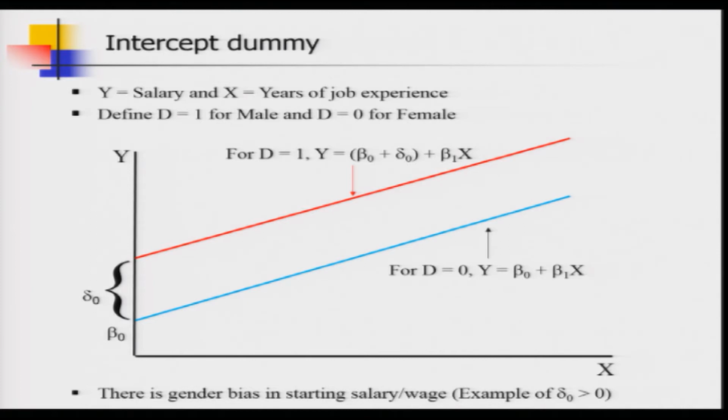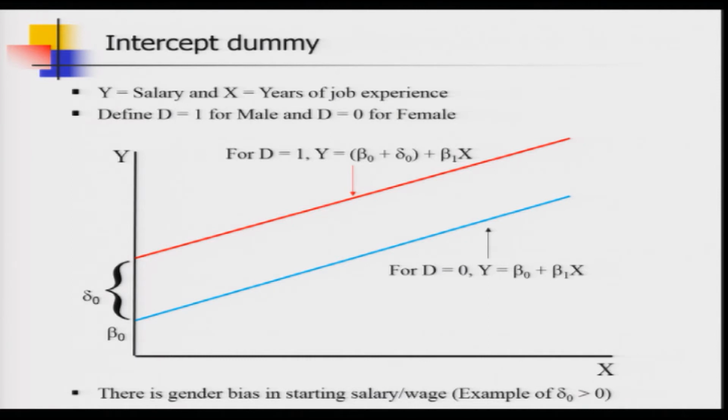For that the dummy variable takes value 1, and if you plug D equals 1 into the equation that I have shown you in the previous slide, then I get back the reduced regression equation, y equals beta naught plus delta naught plus beta 1 times x, and that regression equation for the male group is shown by the red colored upward sloping straight line.